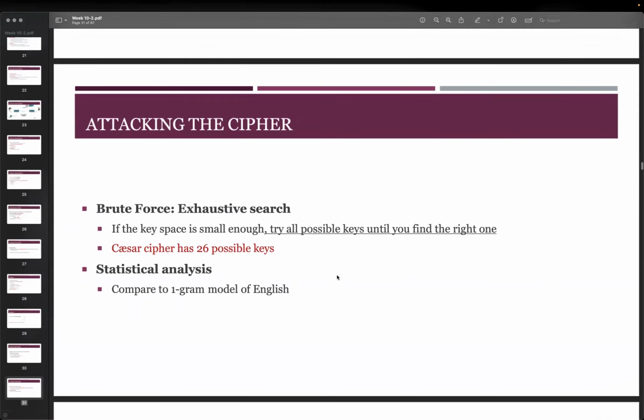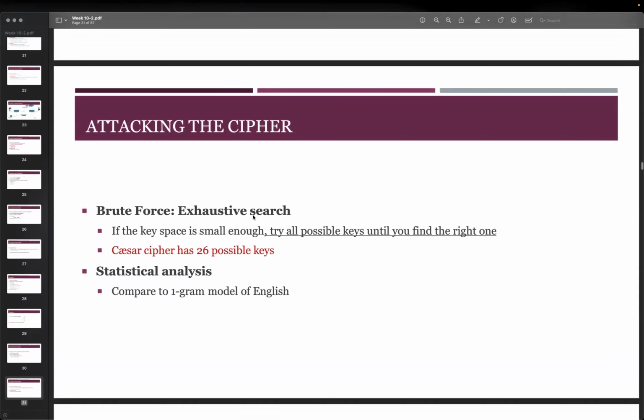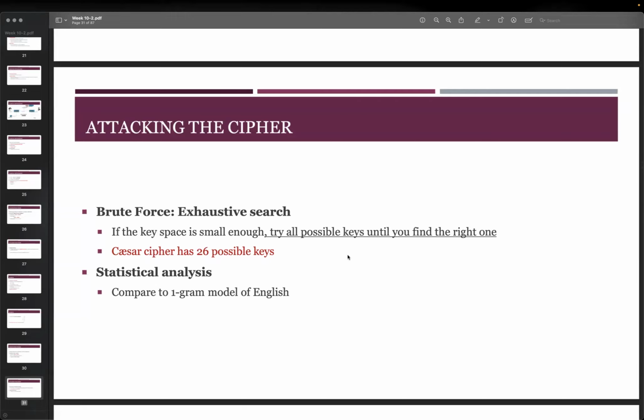And then when we are attacking the cipher, we have brute force, which is a kind of exhaustive search. If the key space is small enough, we can just try all the possible keys until you find the right one. For the Caesar cipher, we know it only has 26 possible keys. Everyone knows it when I tell you.